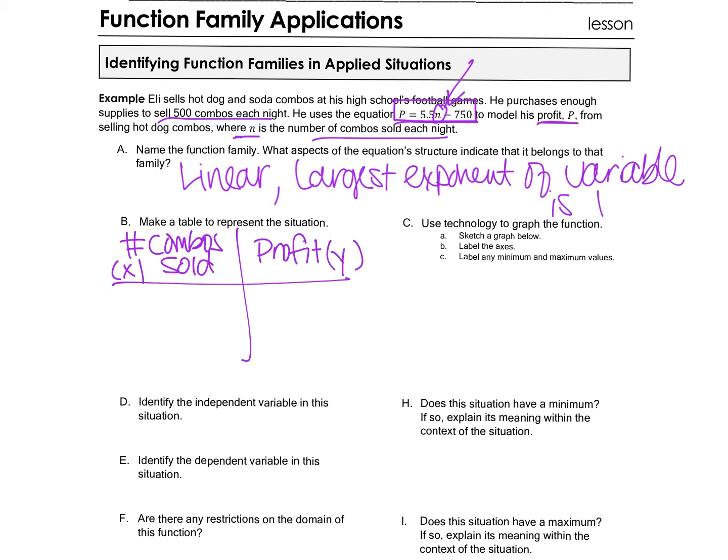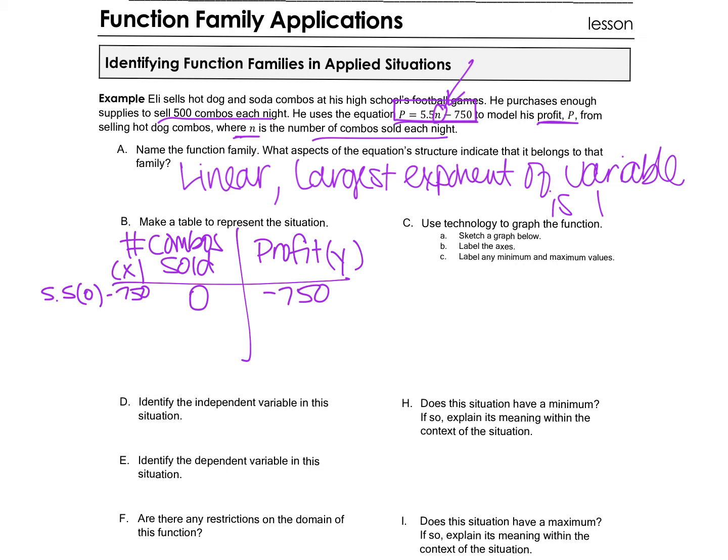So what we're going to do is, we know the number of combos sold cannot be a negative, so we're going to start with a 0. So if I were to plug in a 0 for N, the profit would be negative 750. So they would lose $750 because they already put that into all of the supplies.